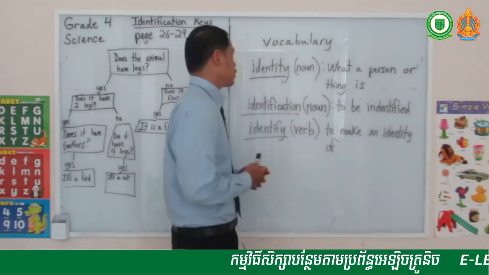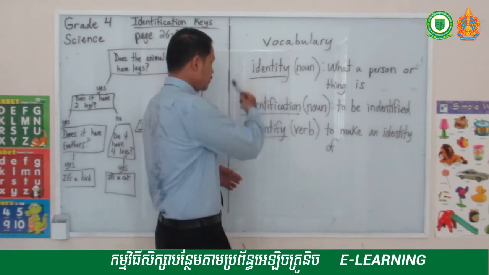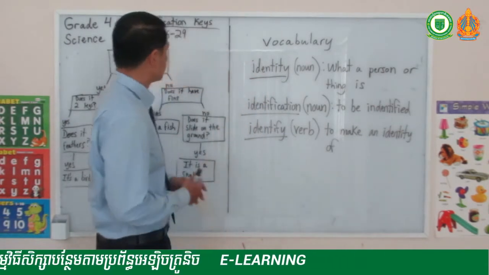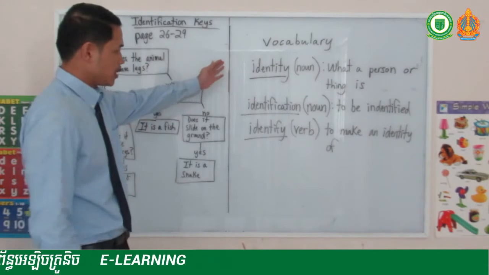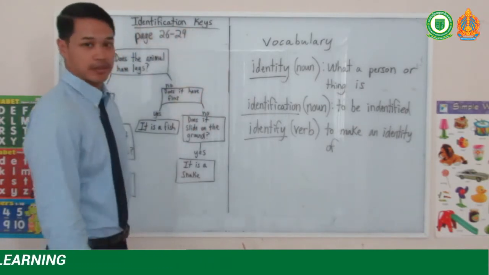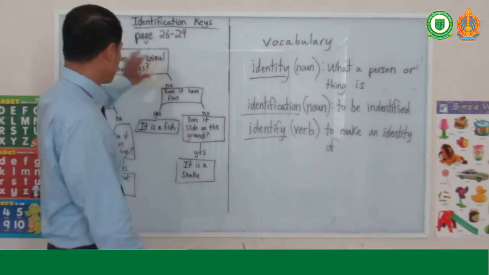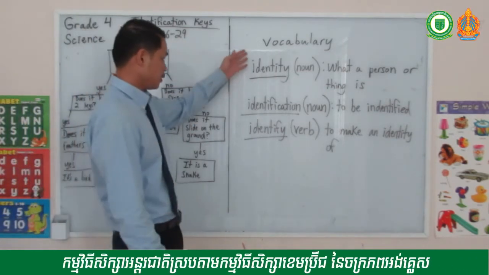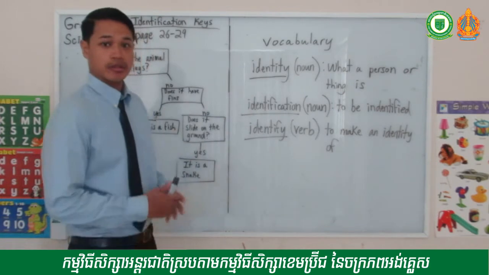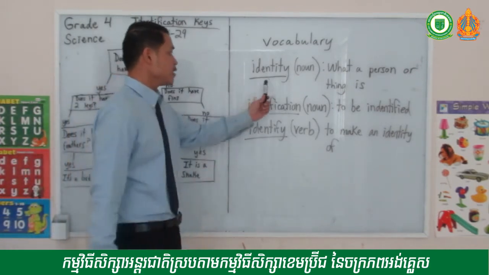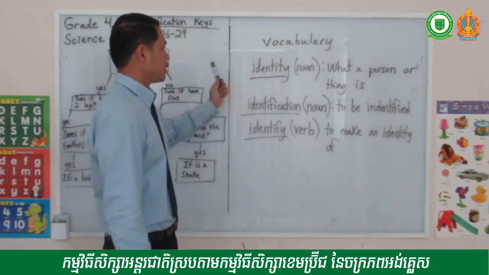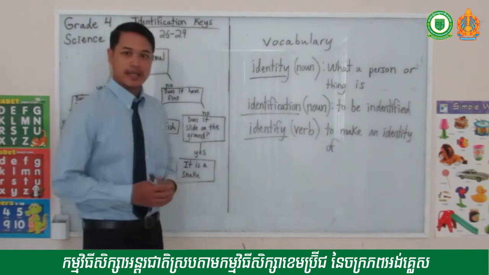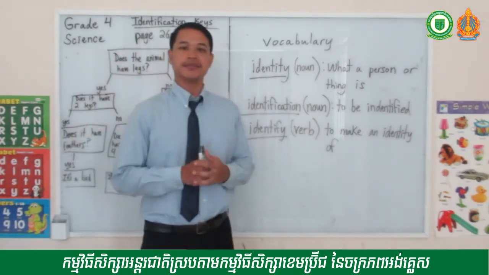Okay, so these are the vocabulary words. It's all in relation to this. For you to really understand identification keys, you should understand these too. Identity, identity, identity. If you can repeat.